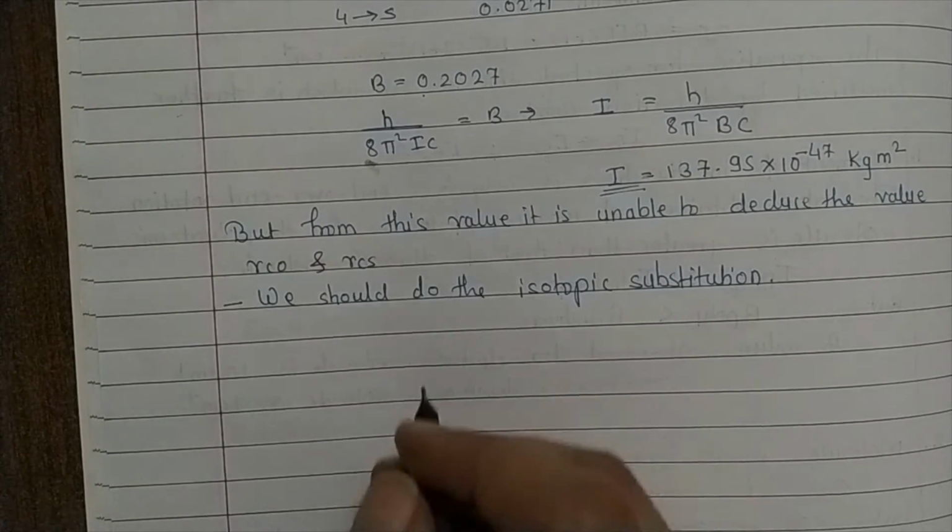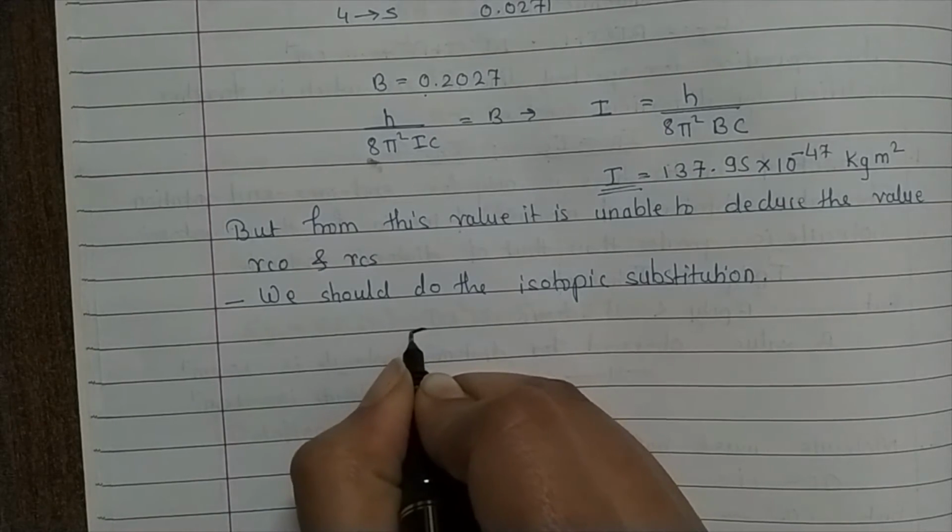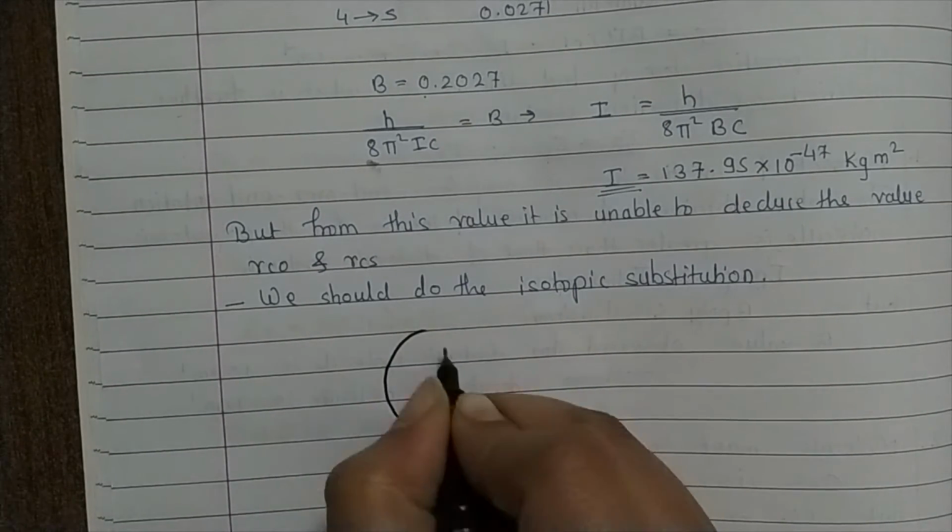So to find the internuclear distance, here we will consider an example.